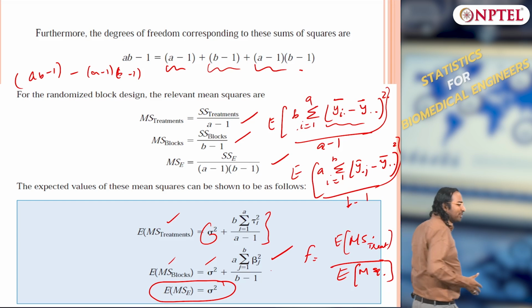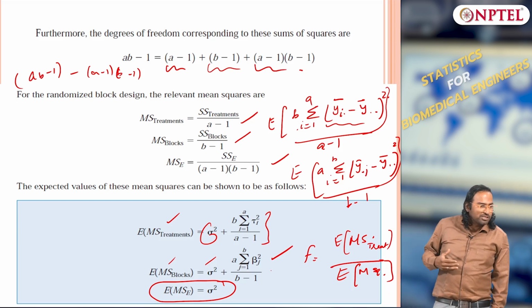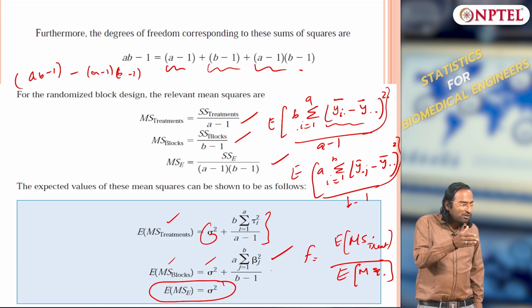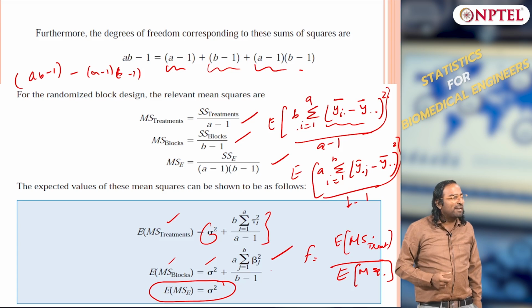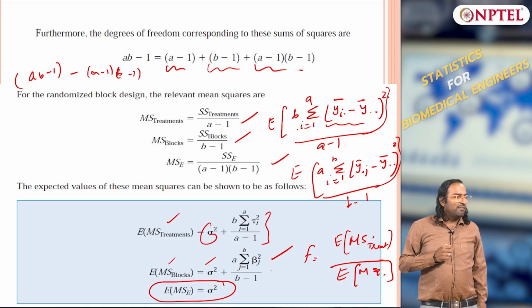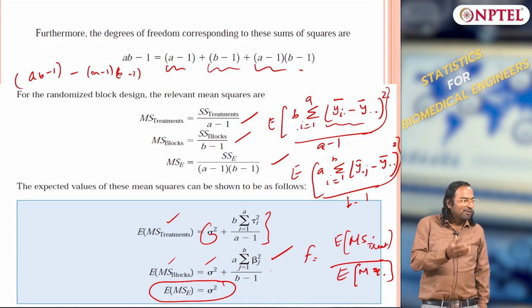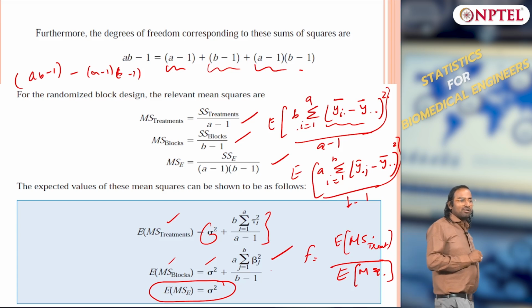Beta is not of interest to me, clearly the block variable is not of interest to me, but if I do not remove that variable, or the effect of that block, your mean square error will go high. If your denominator goes high, what will happen? You will not be able to disprove the null hypothesis, even though it is wrong.